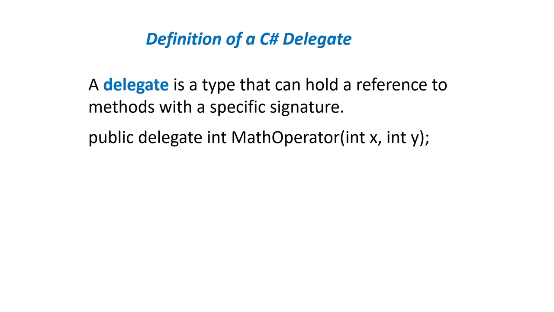So you have a variable name, and that variable name is of type string. A variable name, and that variable name is of type int. A variable name, and that variable name is of type double. But a delegate provides us a way of defining a variable of type delegate.